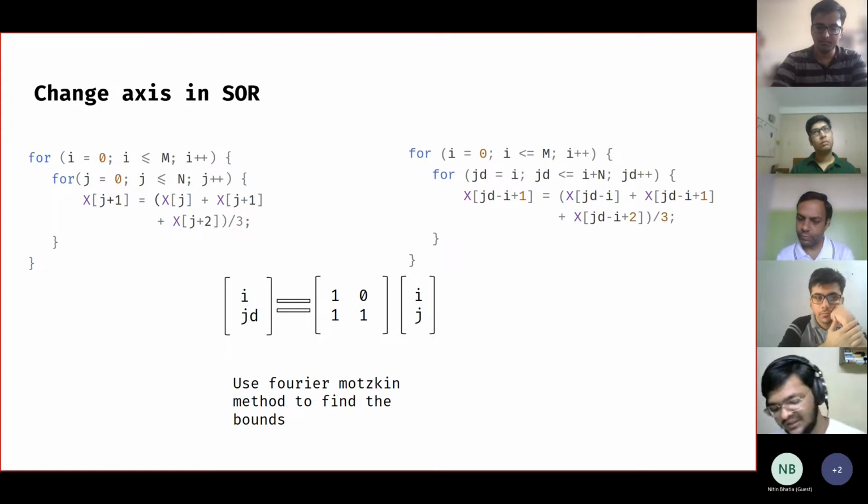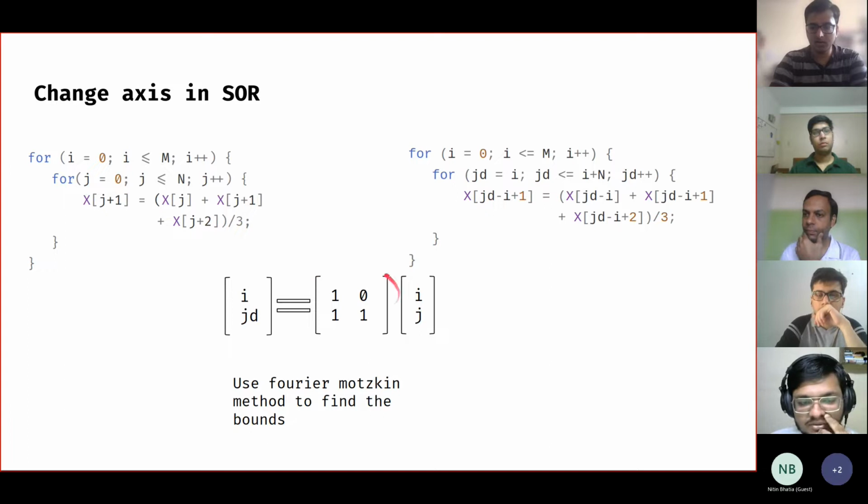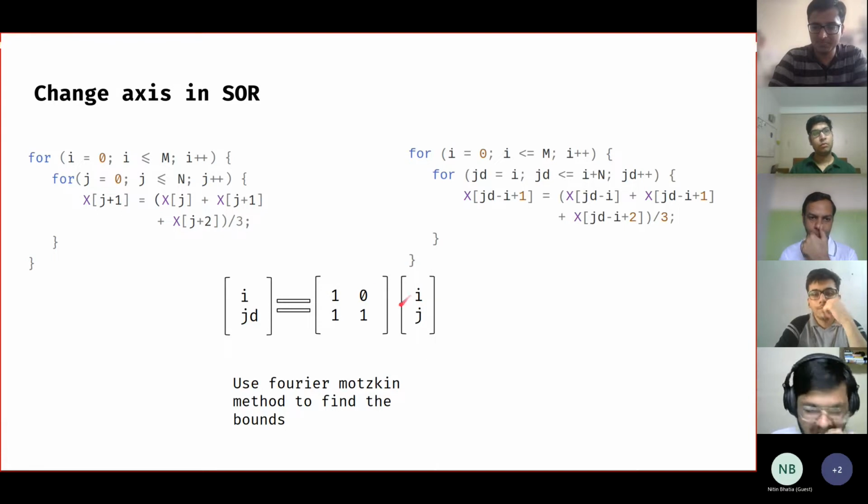So in our particular example, let's try to change the angle of dependencies so that we can get our permutable loop. We will use this particular transform where our ith iteration is going to be the same, and the jth iteration is the combination of i and j.